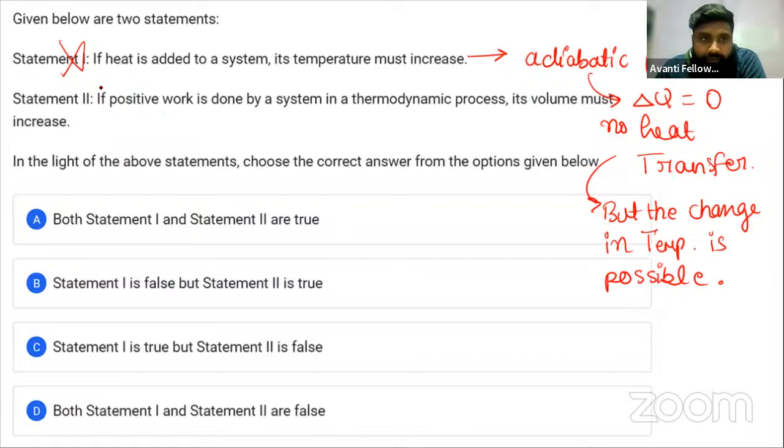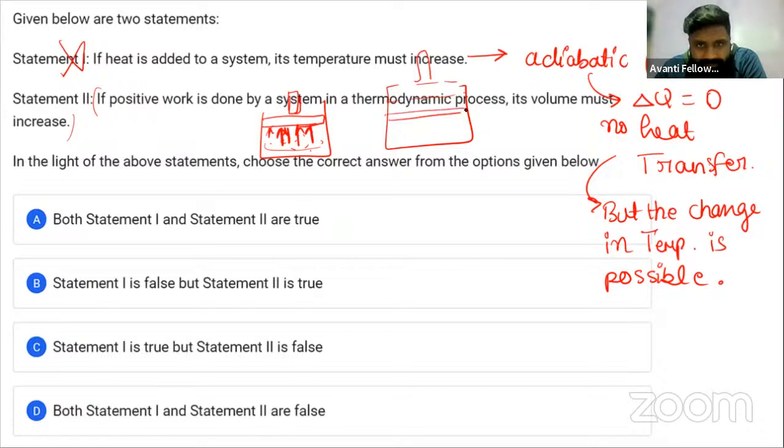Now, verify this one. The positive work is done by the system. Let us consider a system, here this piston and cylinder arrangement. This is the gas bed. Now, our system is this gas, okay? So, if the gas is doing work on the piston, what will happen? The piston will move up and gain a new position from the initial position, okay?